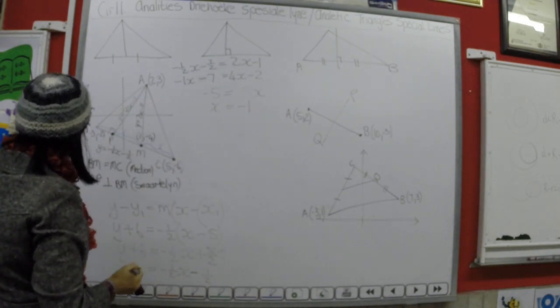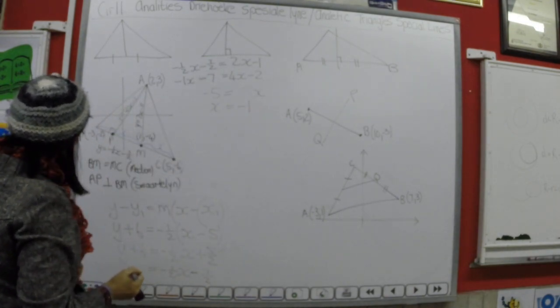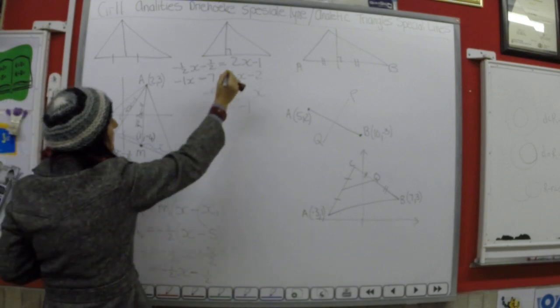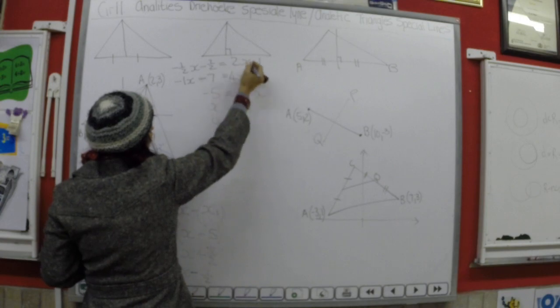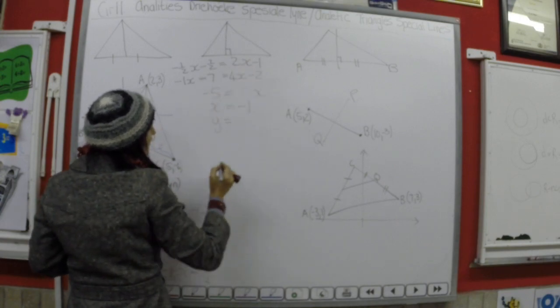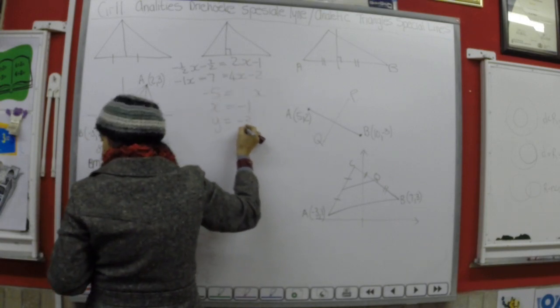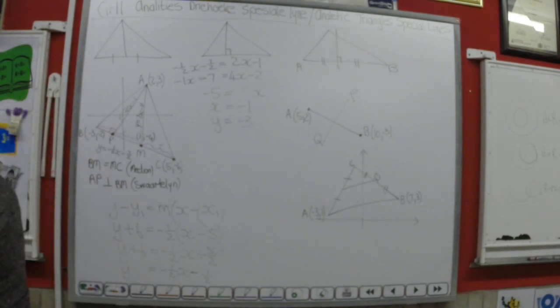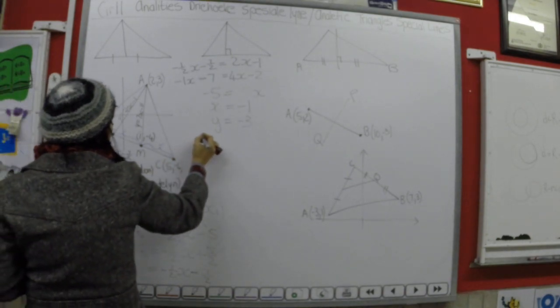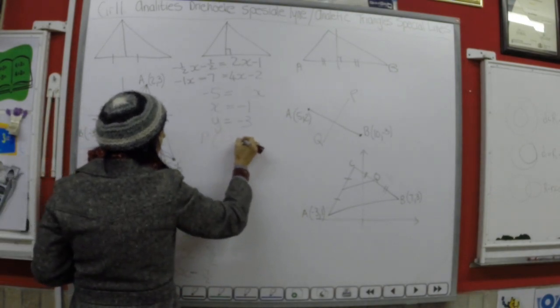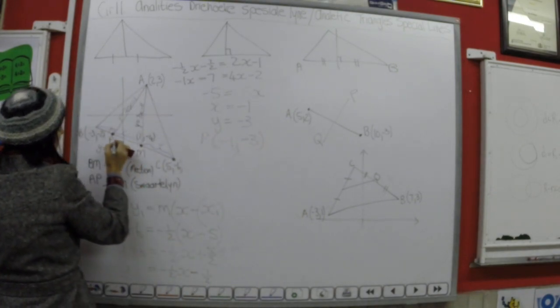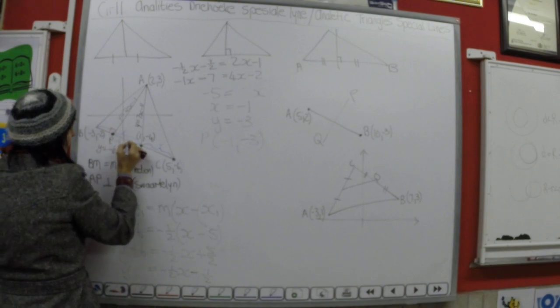So if we do substitution into any one of the two equations, as ons minus 1 daar insit, dan kry ons y is gelyk aan 2 maal minus 1 is minus 2, minus 1 gee vir ons minus 3. So ons p-koördinaat is gelyk aan minus 1 minus 3. That looks better. Minus 1 minus 3.